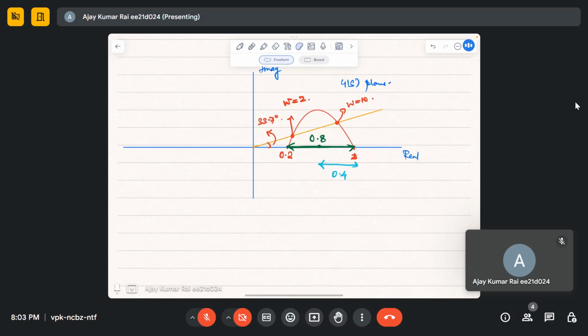Let me clear these things. So what is the maximum phase? Maximum phase is this one, this point somewhere. This is not a proper semicircle, so let me try to draw a semicircle.